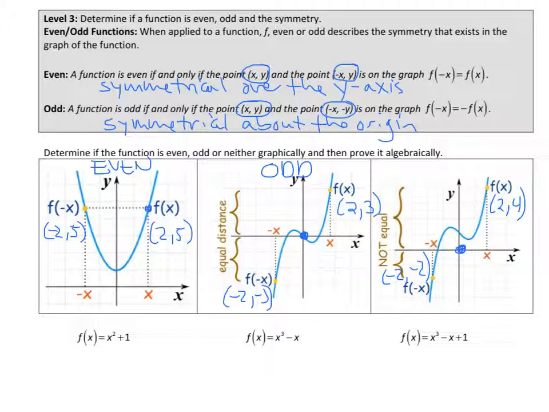Now to tell if a function is even, odd, or neither algebraically, we're going to use this definition. If we plug negative x into a function and we get the exact original function back, then it's even. If we plug negative x into a function and we get a negative version of the function, then it's odd. So let's look at these examples down here.